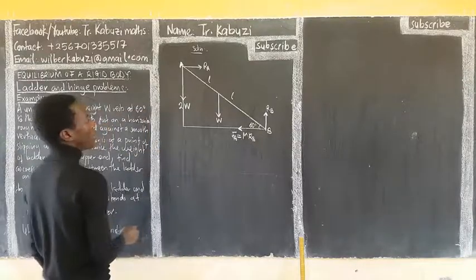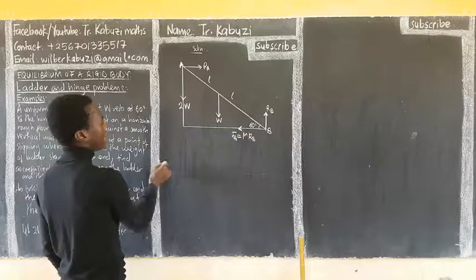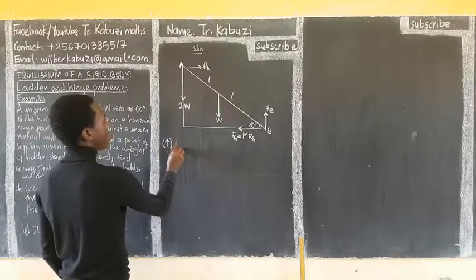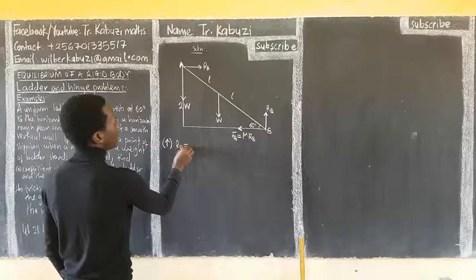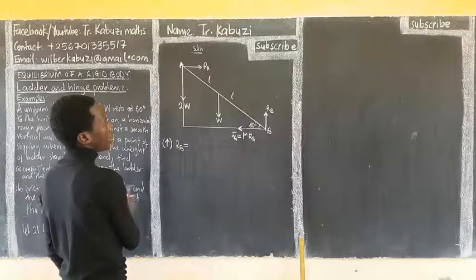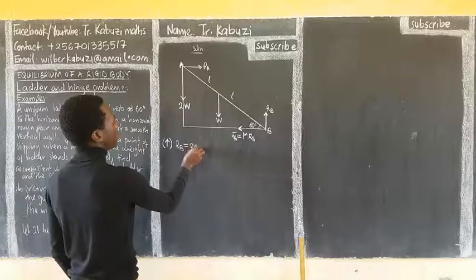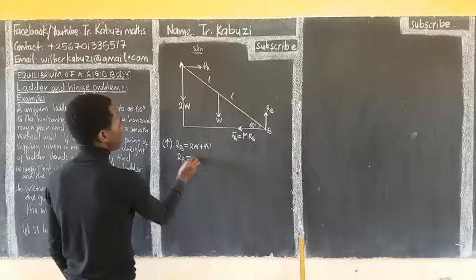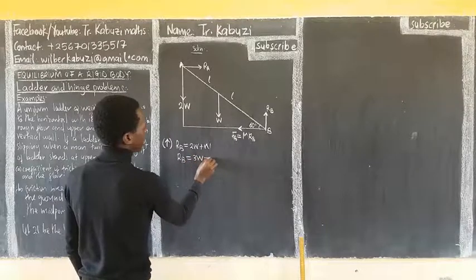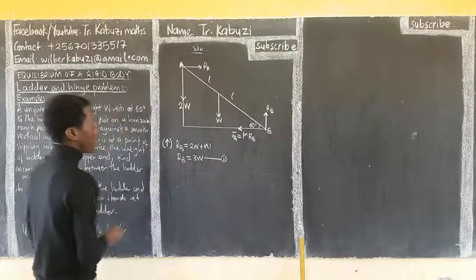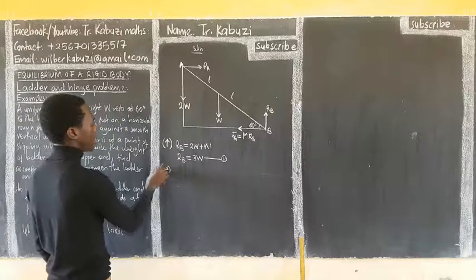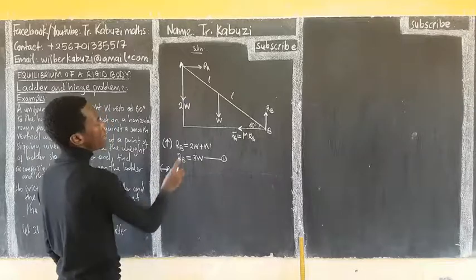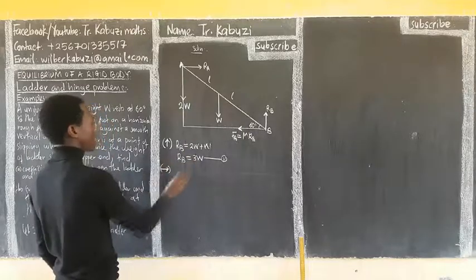First of all, we resolve. Let us resolve vertically. We have RB, I think it's the only vertical force, equal to 2W plus W. So from here, my RB is going to be 3W, and I call this equation 1. Resolving horizontally, I add mu RB going in that direction first.